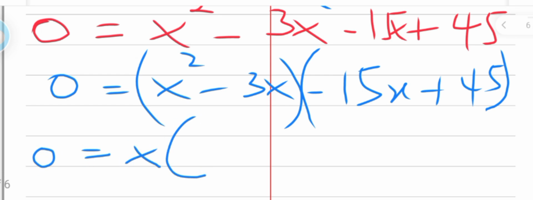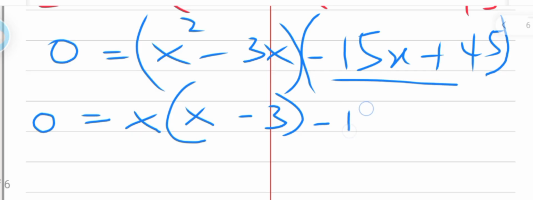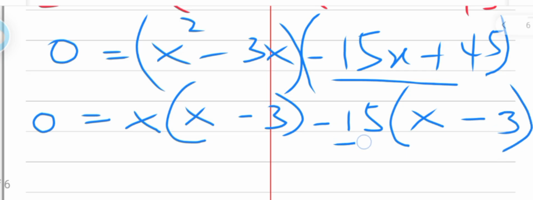When we put x out, we have 1x here, then negative 3 inside. For the second bracket, we can put negative 15 out, with x inside, then negative 3. Why? Because negative 15 multiplied by negative 3 goes back to positive 45. That's why we are doing that.